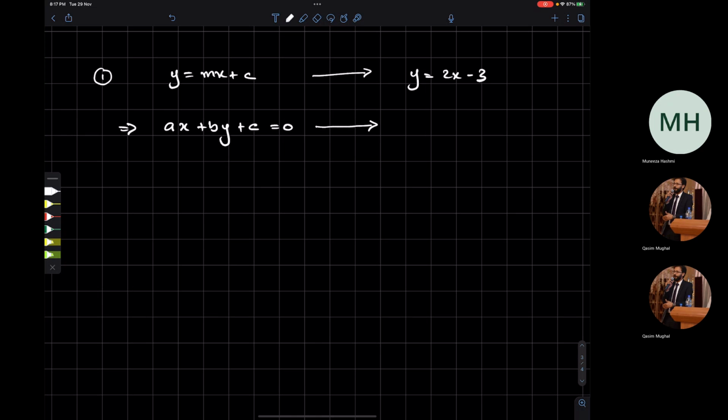If I write down the very same equation in this format, I can rewrite it as minus 2x plus y plus 3 equals 0. So what I've done is I've moved all of these terms to the left.